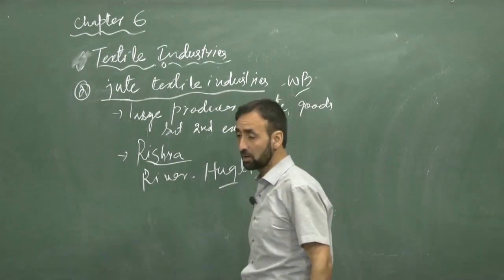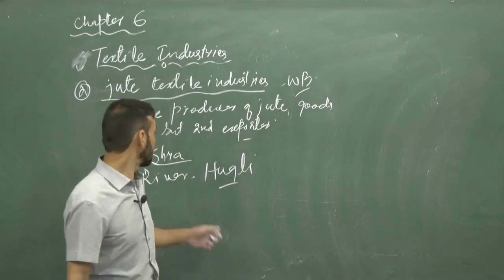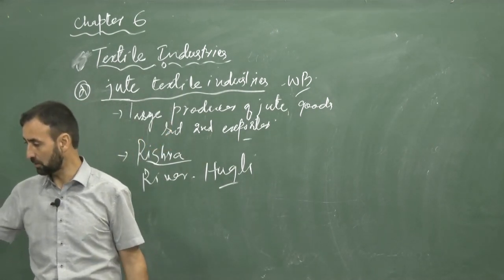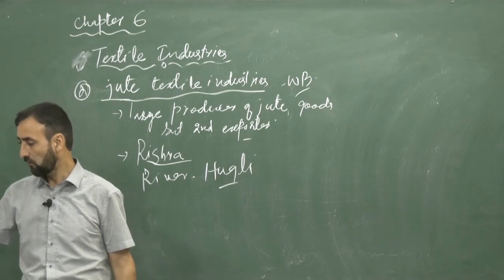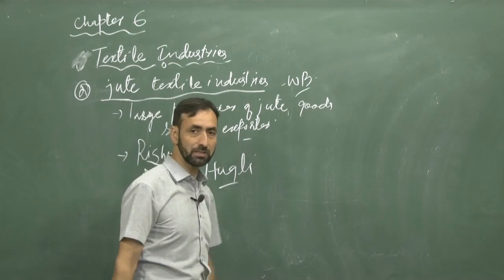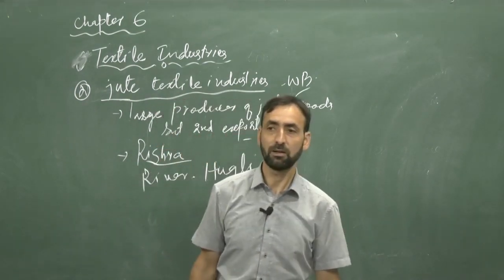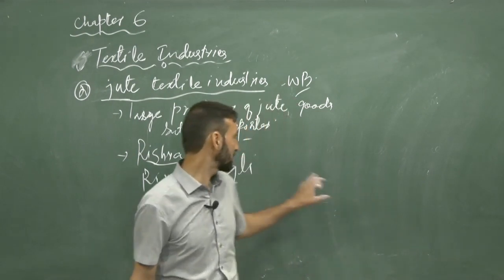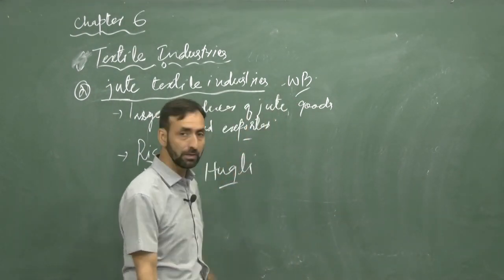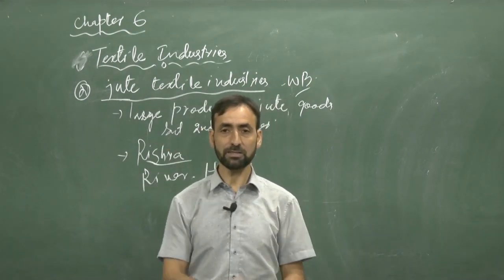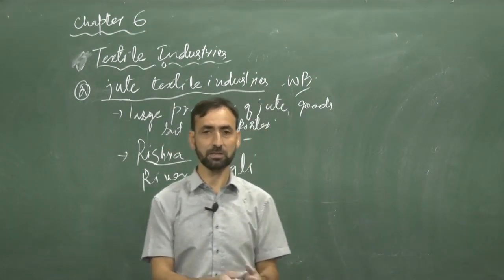In this way, the jute industry also has some problems it is facing. The challenge faced by the jute mill is that most of the people are using polythene bags, and jute bags are not preferred. That is why there is stiff competition with other markets.